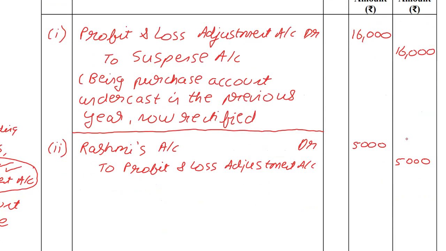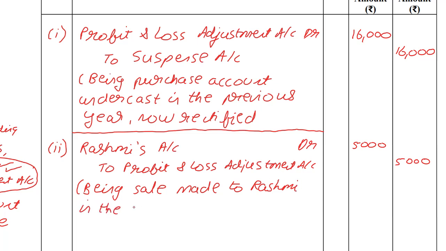Okay, and what else do I need to do? I need to pass a narration. Okay, and this time it will be being sale made to Rashmi in the previous financial year, or simply previous year also is good enough.